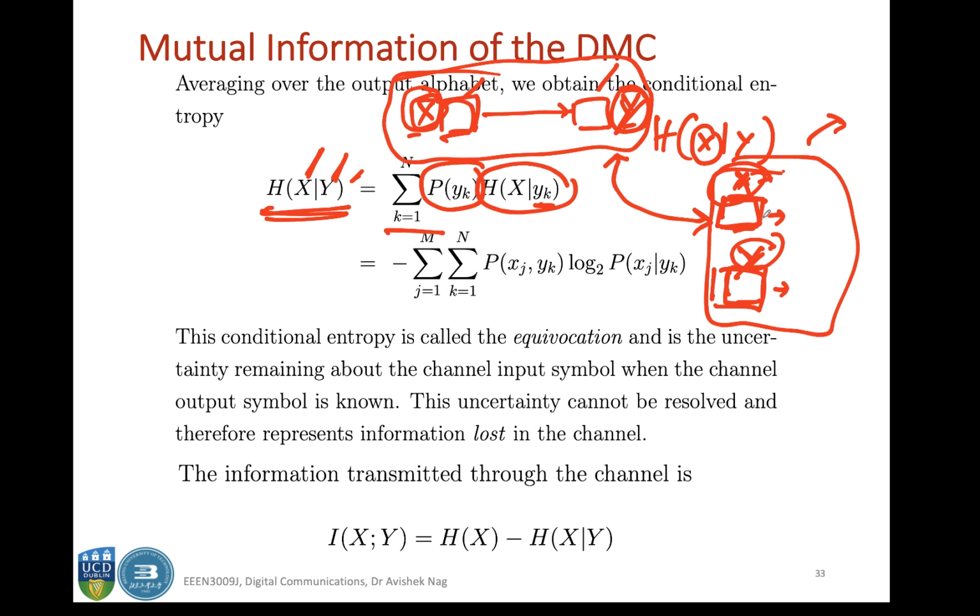If they are not related, then what is the scenario? We were doing that. Here we have defined x and y as the input and the output of the discrete memoryless channel, and we are trying to find out the relationship between these two, or in other words, the information that is given by x based on our observation of y.